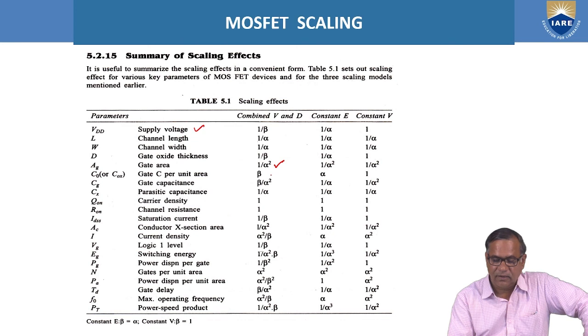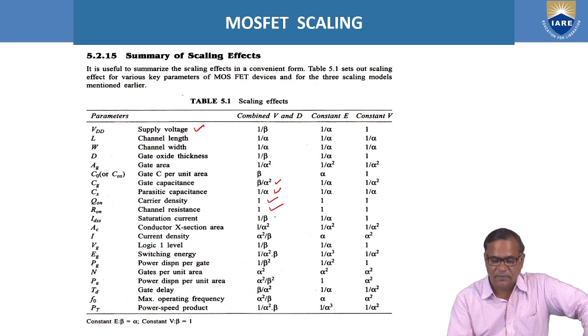Then gate capacitance C naught beta is scaled by the factor beta by alpha square. Parasitic capacitance is scaled by 1 by alpha. Carrier density has no effect of scaling, so it remains 1. Channel resistance remains 1.